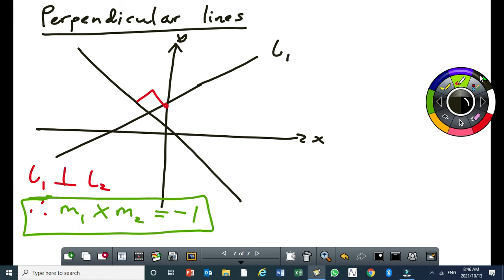Okay, so this is L2. Okay, vertical line.